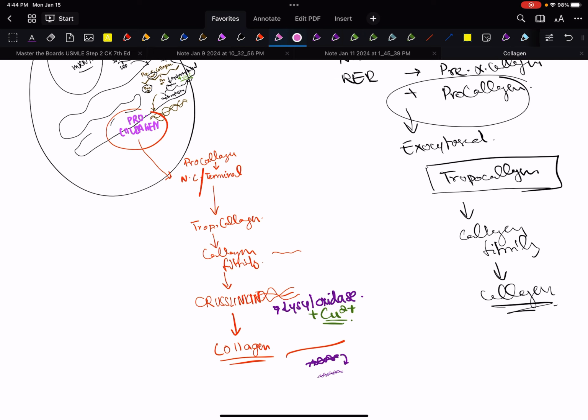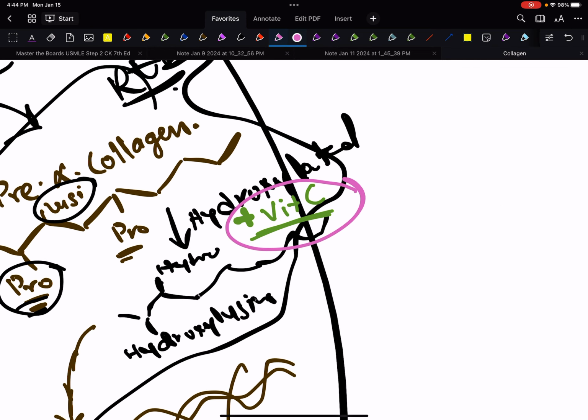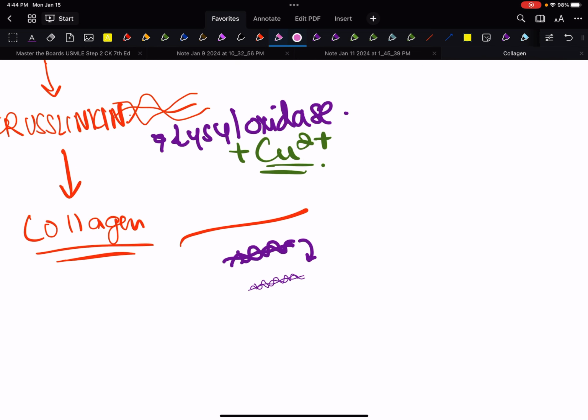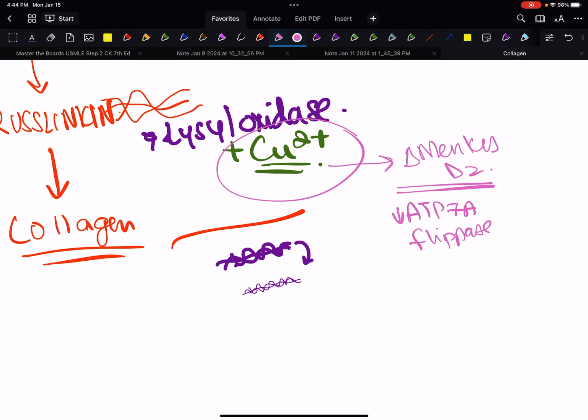Lastly, we can just add in our disease correlates. So vitamin C deficiency, say scurvy. If there is a copper deficiency, which we see in Menkes disease, which is a deficiency of ATP7A flippase, which is required for copper absorption.